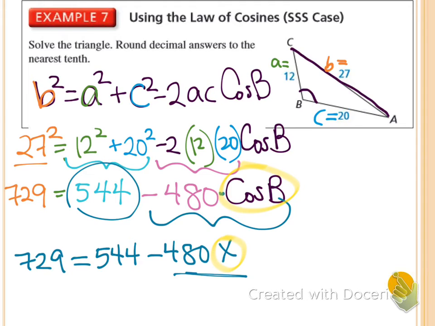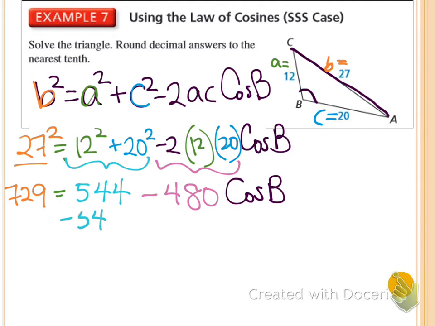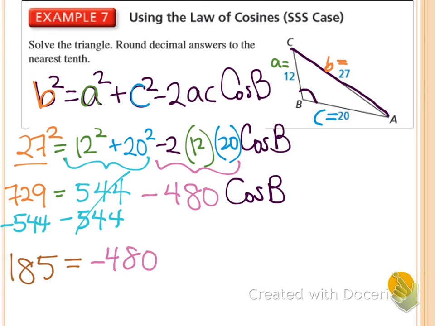So we need to move the 544 over by subtraction. Subtract 544 on both sides. You get 185, and it equals negative 480 cosine of B. Our goal is to get B by itself.